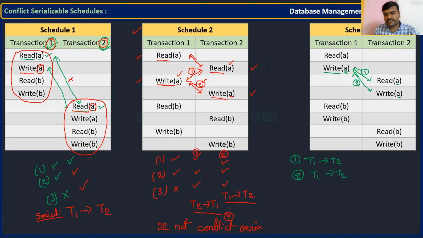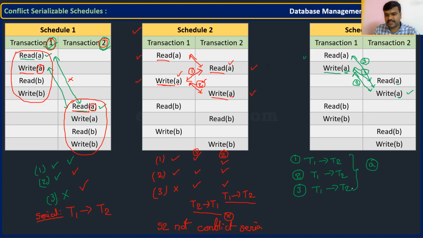We took all possible combinations here, and even these two you can take. That is the third one. The third one is also first a T1 operation, this one, and then a T2 operation, this one. So what can you write down? T1 first and then T2. So everywhere on data item A, it is saying the same order.